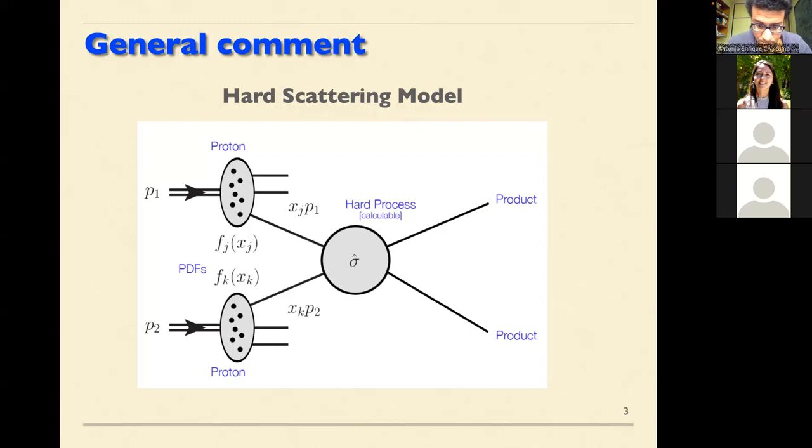The corrections can come in different ways. One way to look at the corrections is that you don't necessarily have only one parton interacting. You can have several partons coming from the same hadron that are interacting, a different process. Obviously, these are going to be suppressed, but what is their size? Nobody knows.